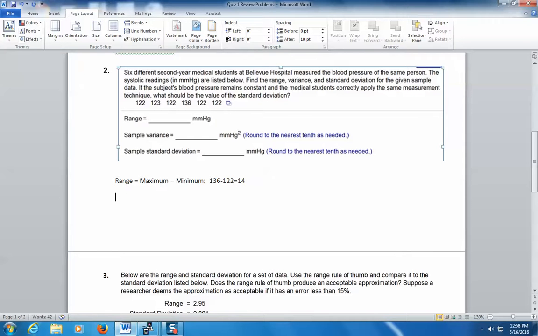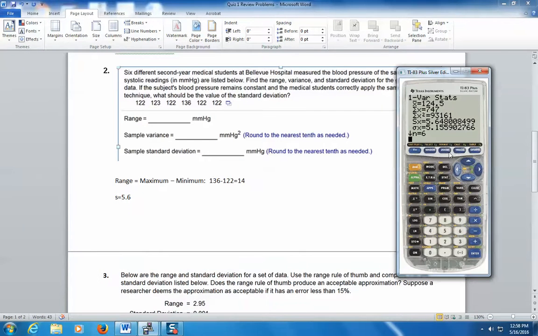So standard deviation, which is small case s, was equal to 5.6. And then to get the variance, we're going to take the non-rounded 5.648. I'm just going to take the first 3 digits because that seems fine, since we have zeros. So take 5.648 and square it.